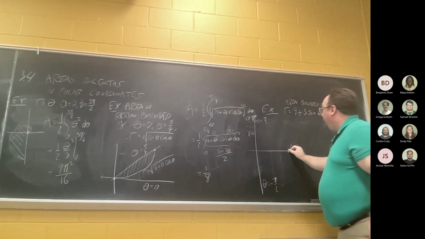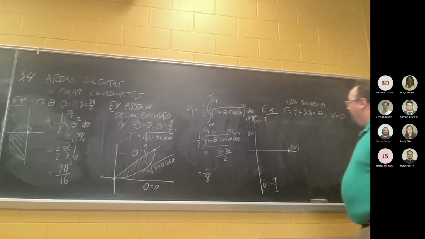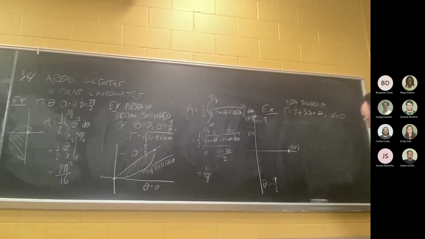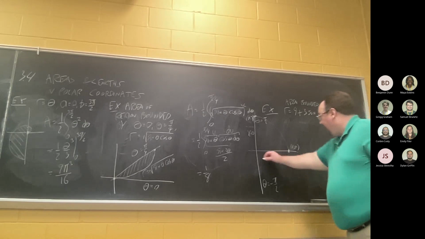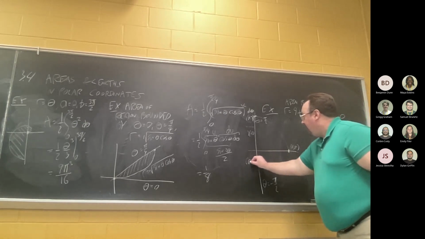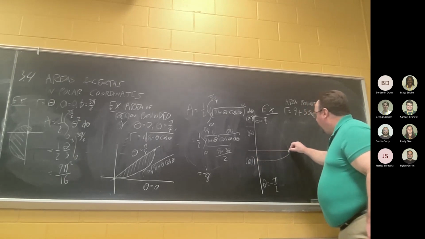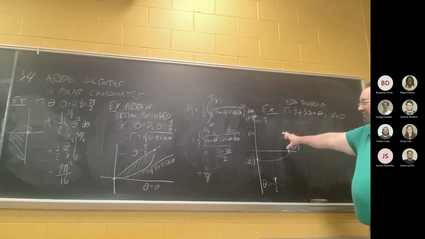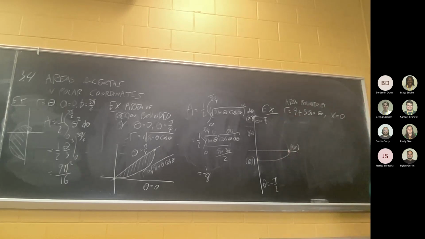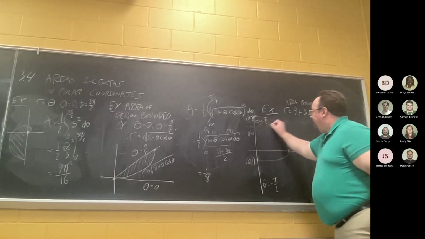So r is going to be steadily increasing: it's 4 here, 7 here. Whereas at theta equal to minus pi over 2, sine theta is equal to minus 1, so the point (0, 1) is also on the curve. It's probably not really the shape, but it does pass through these three points. Okay, so we want the area of this region.